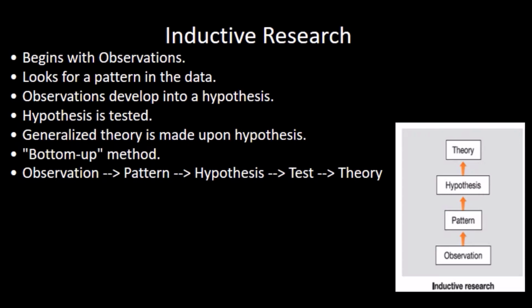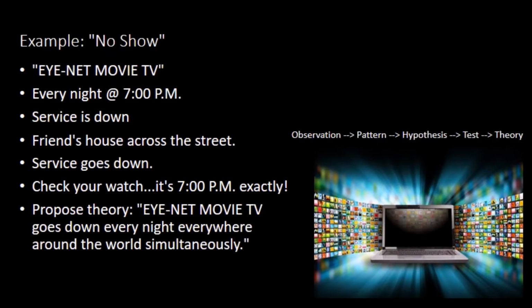Then you test your hypothesis and you come up with a generalized theory. Bottom up again, because you're taking details and building on those to form a generalized theory at the top. Observation, pattern, hypothesis, test, theory.